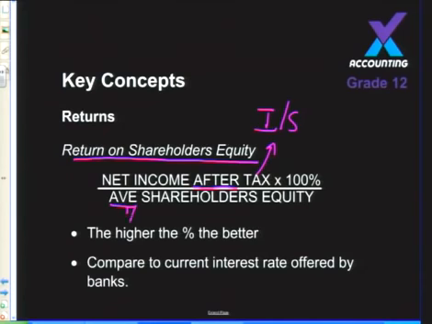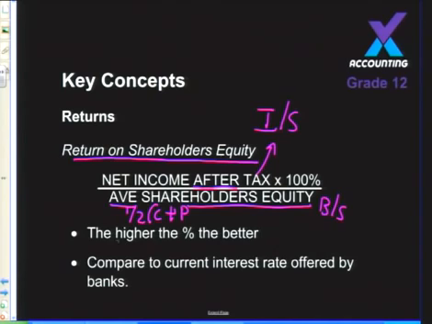Average, remember, is half of current year plus the previous year. And which figures are we talking about? Shareholders' equity. Shareholders' equity is what you get from your balance sheet. So I take my current year plus previous year, divide by 2, and that gives me my average shareholders' equity.